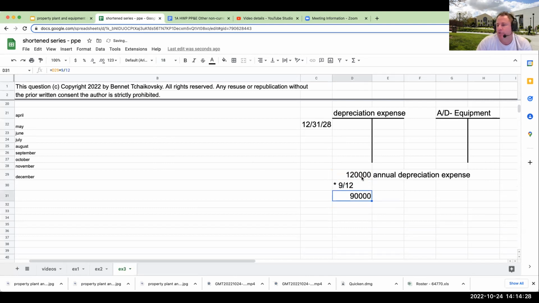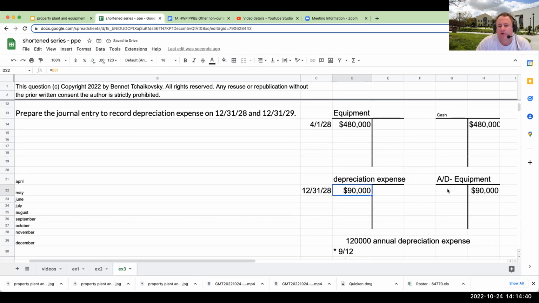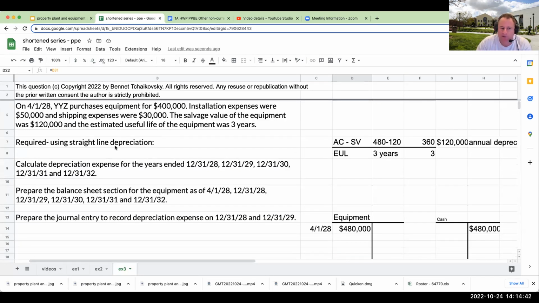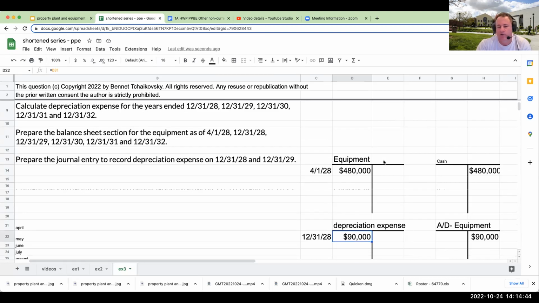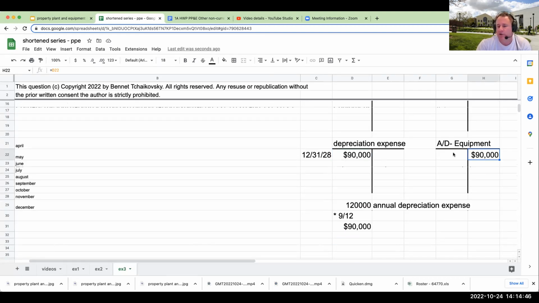So the amount of depreciation expense I'm going to record for the first year is this $90,000. This is usually where students will mess up. They'll calculate the annual amount correctly, but then forget this is a partial period because I bought it on April Fool's Day. So this is what I need to do whenever I'm recording it.